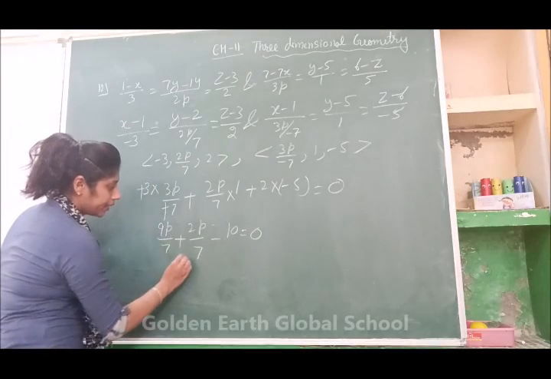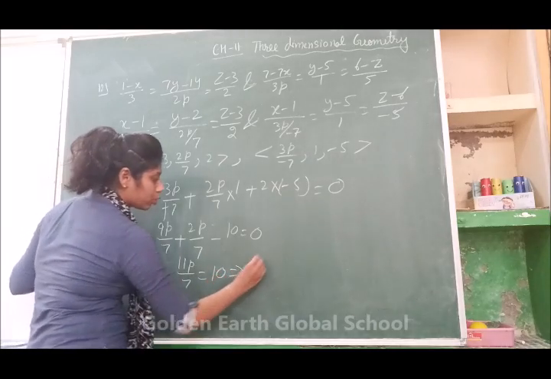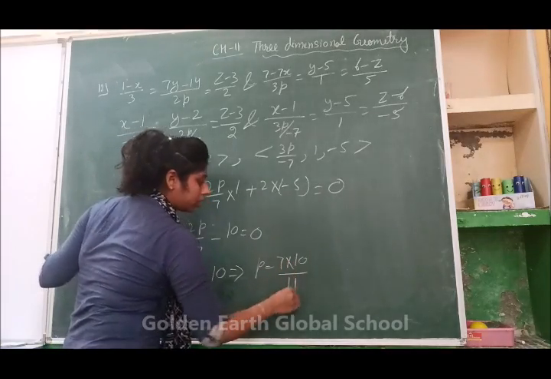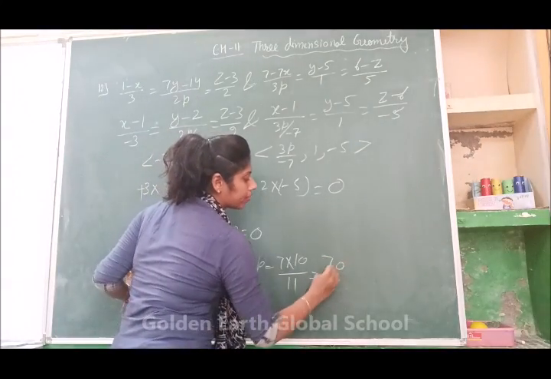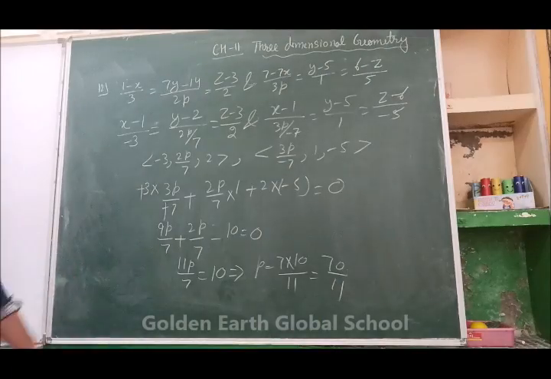So we get 11p upon 7 equals 10. So p equals 7 into 10 upon 11, that is 70 upon 11. So this is your answer. p equals 70 upon 11.